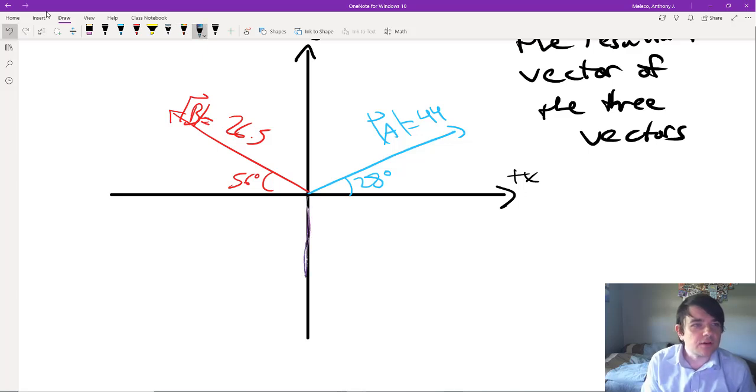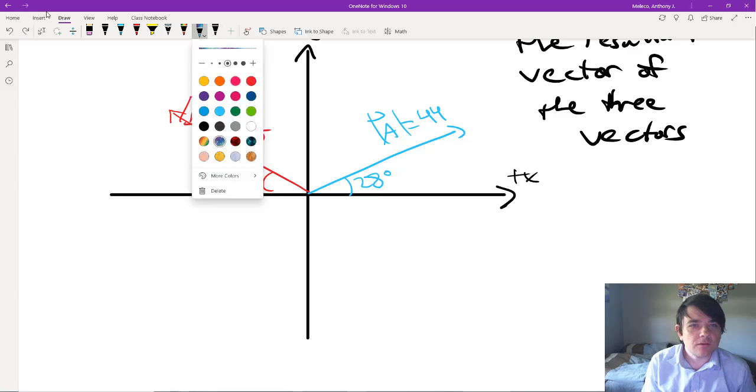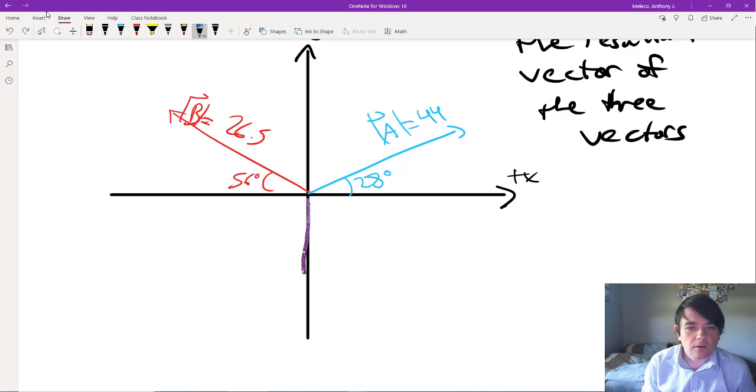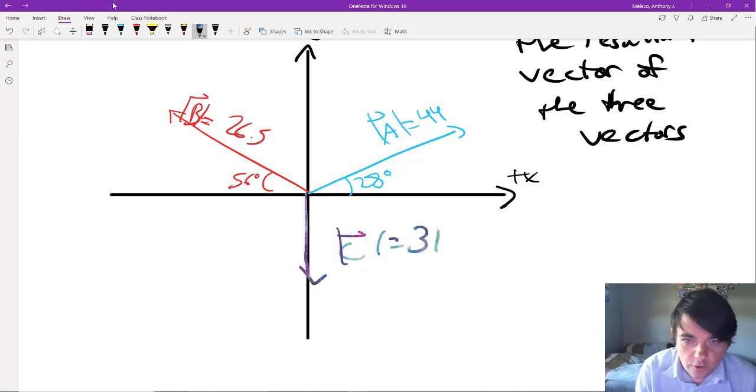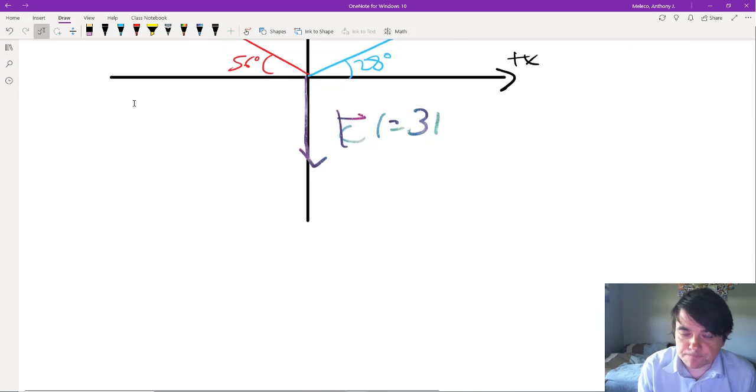It also should be thicker. That's too thick. Okay, there we go. And this is C, and they don't give us any angle, but we can see very clearly that it's forming 90 degrees here. And this is 31. Okay, so we've got our three vectors.